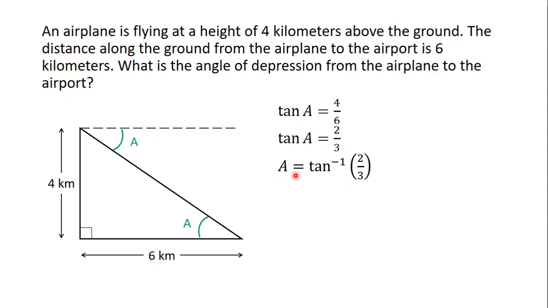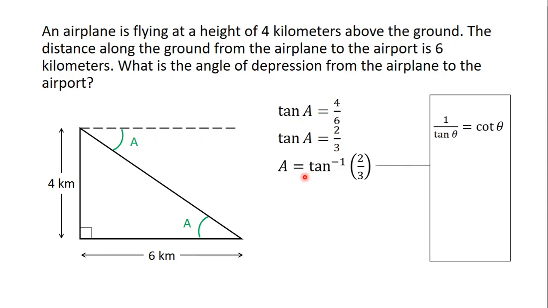A is equal to, ayan, babasahin ko muna as is, tangent raised to negative 1, 2/3. Ang tawag dito is arcsine. Ito ang simple explanation niyan. Kung maalala nyo, 1 over tangent theta is equal to cotangent theta, or the reciprocal of the function tangent is the function cotangent.